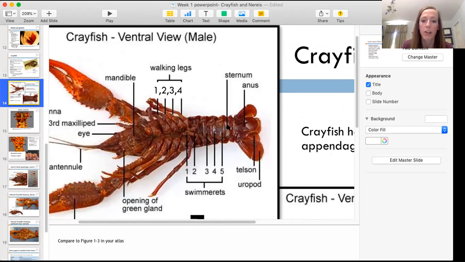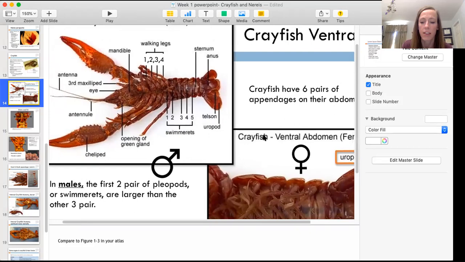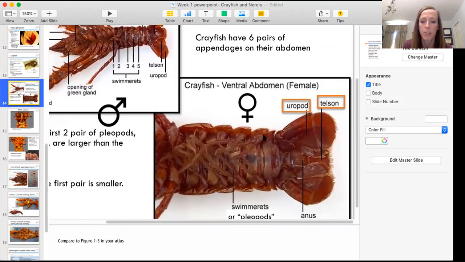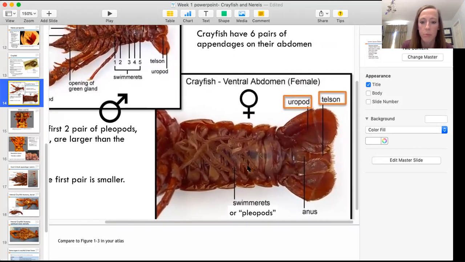And this is where you can start to see the difference then between the male crayfish and the female crayfish. I'll show you that in just a sec. But I'll just mention that then you also have appendages on the very end of the tail, the uropod and the telson. And this picture here will show you all of those in more detail.